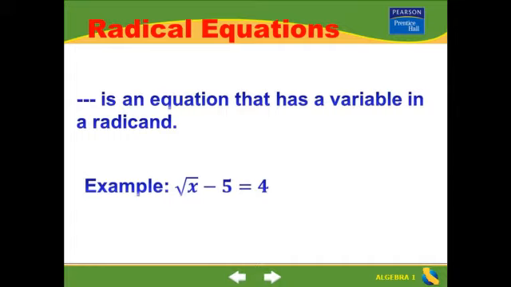Since we have the radical symbol and the variable x underneath, this is an example of a radical equation. You can also have an equation wherein both sides have a radical symbol.